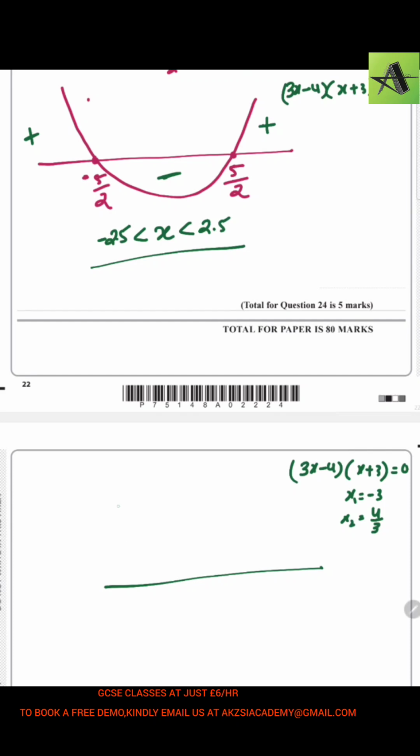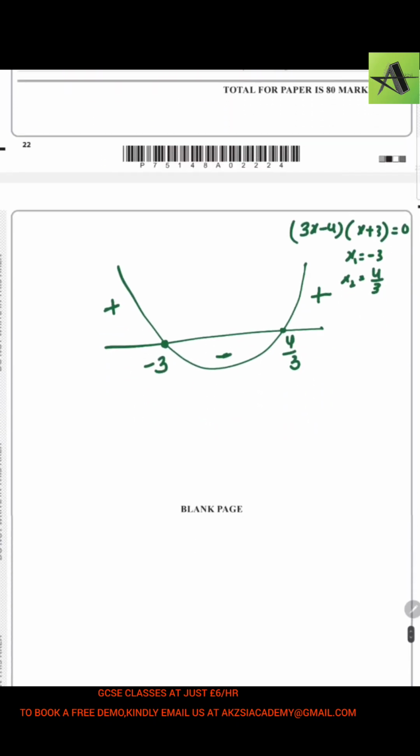This will be my curve, with −3 and 4/3. This is less than 0. Again, it's positive, negative, positive, and since it's less than 0, I have to find the negative zone. That means x is all the values lesser than 4/3 but greater than −3.